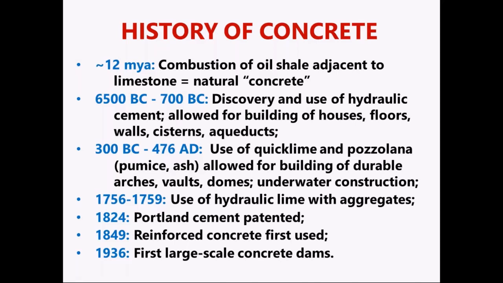Mid-1700s, hydraulic lime began to be used with aggregates. 1824, Portland cement was patented. 1850s or so, reinforcement was used in concrete, and by the 1930s, the first really large-scale concrete structures were being constructed, dams in particular.